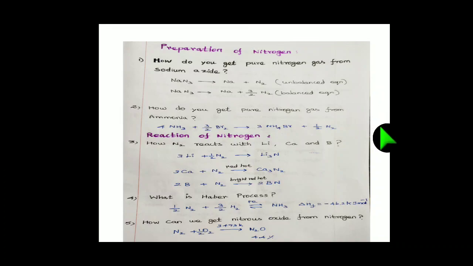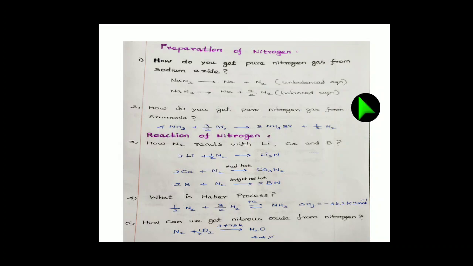Now, in this slide we can see the preparation of nitrogen. Some questions we can ask: how do you get pure nitrogen gas from sodium azide? Sodium azide formula is NaN3.